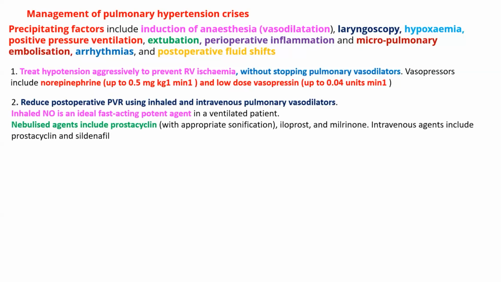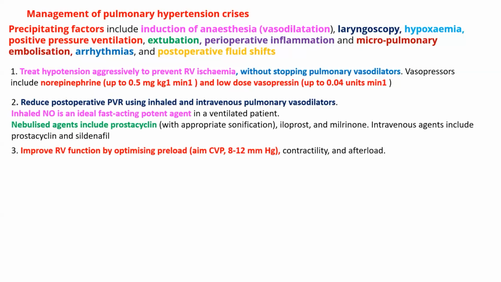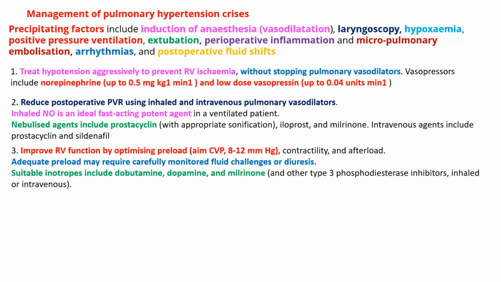We have to mention sildenafil, a phosphodiesterase 5 inhibitor, which is a very useful drug, but that is given by the oral route. Improve RV function by optimizing preload, and adequate preload may carefully be monitored by fluid challenges or diuresis. Suitable inotropes include dobutamine, dopamine, and adrenaline, drugs which can be used to improve ventricular contractility.